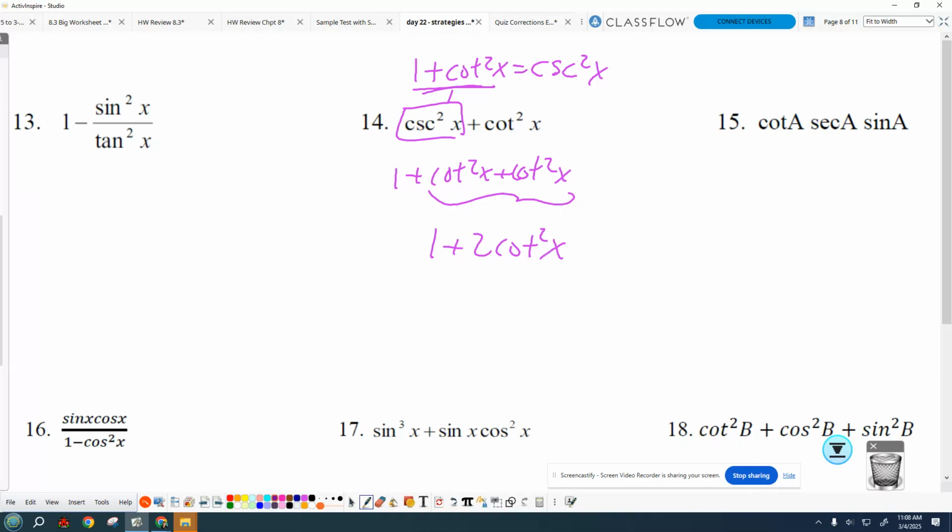Could be that, or maybe I'll get rid of cotangent squared and put this stuff in.